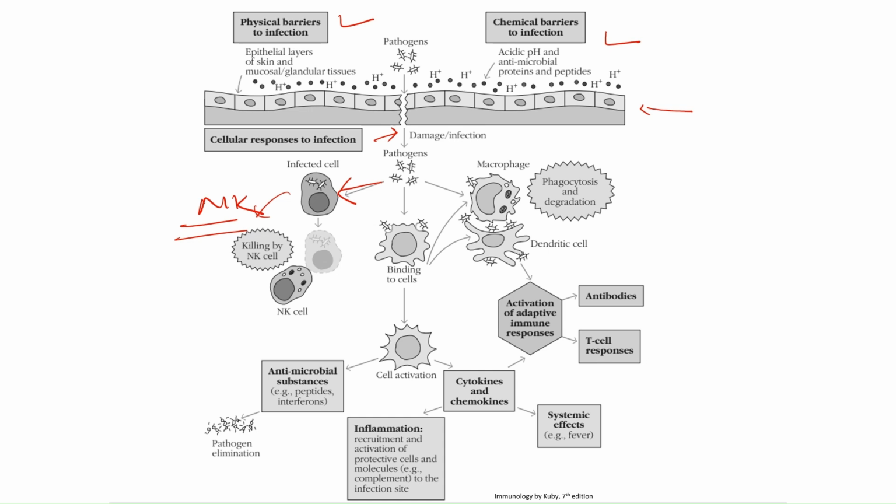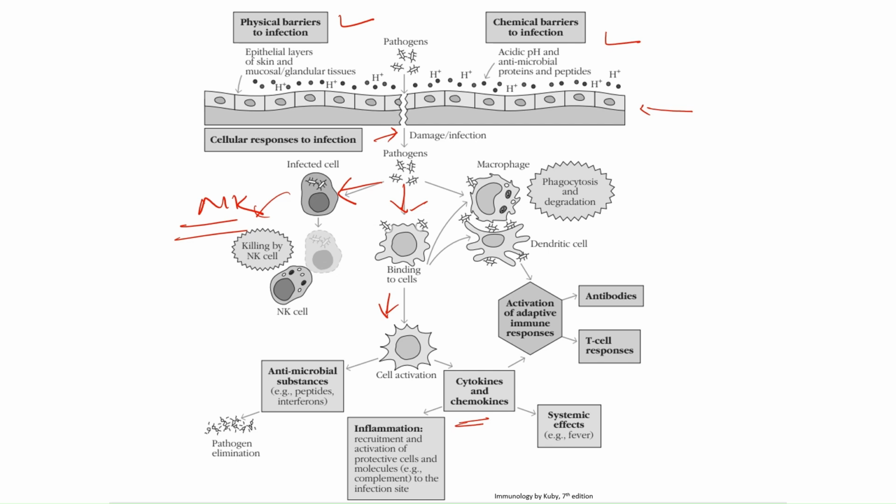So this is one way. The second is, as soon as the pathogen enters our body, some molecules will come and bind to it. These molecules will activate certain cells. These intermediary cells will produce cytokines and chemokines, and that's how they can call the adaptive or other responses of our body.